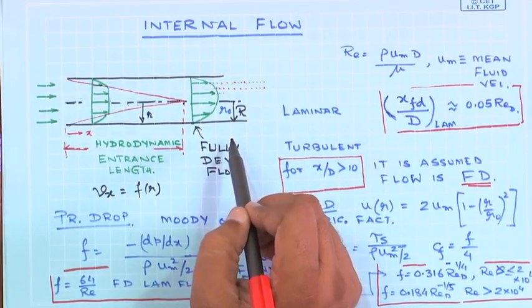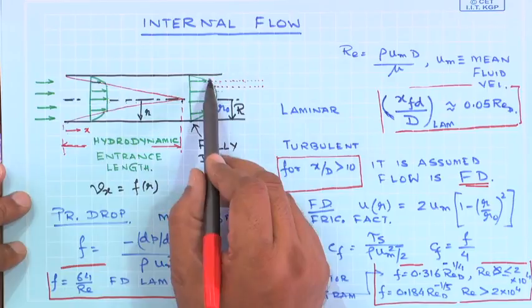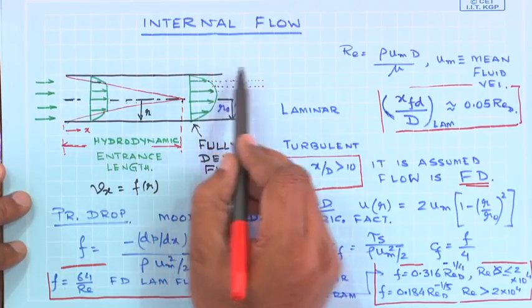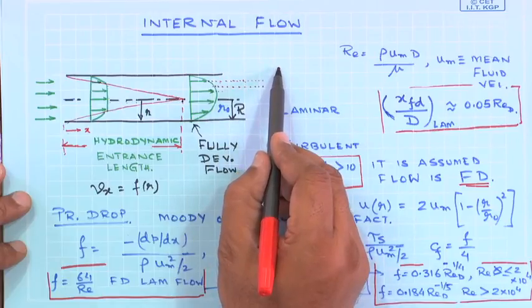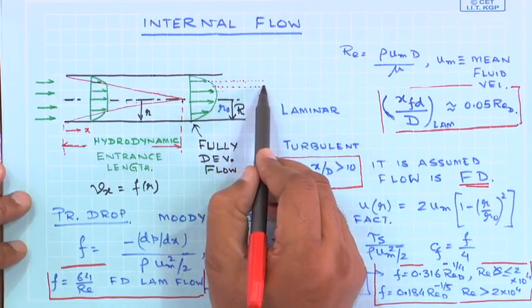What happens in the case of thermal cases? For thermal conditions, since I have a constant heat flux all along the wall of the pipe, the temperature is going to change with x.